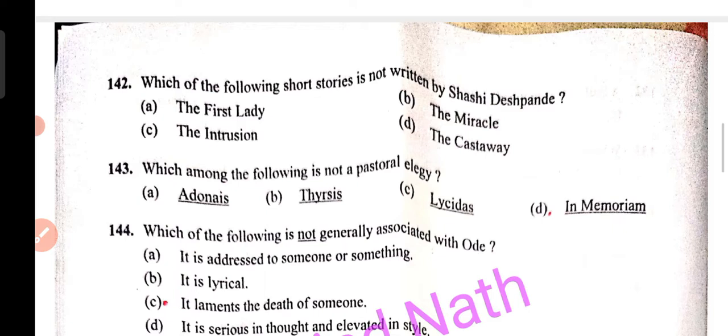Which of the following short stories is not written by Shashi Deshpande?